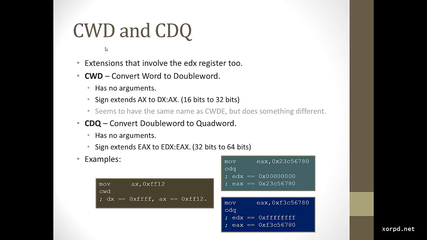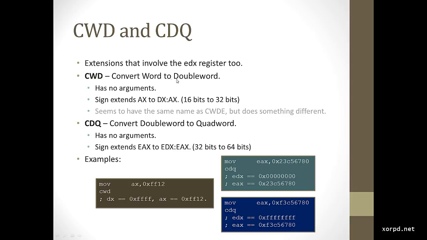You can extend your numbers to be pretty large. You probably also remember that EDX register is pretty important in instructions like div, because you usually actually divide EDX, EAX by some number. So it is pretty reasonable that you might want to extend the number beyond EAX to EDX. Let's begin with CWD.